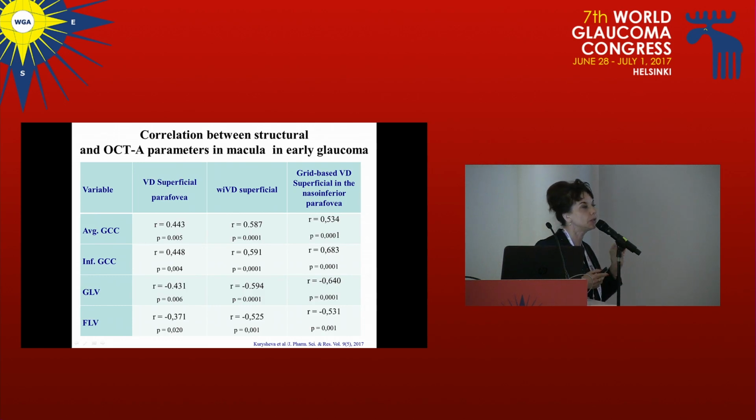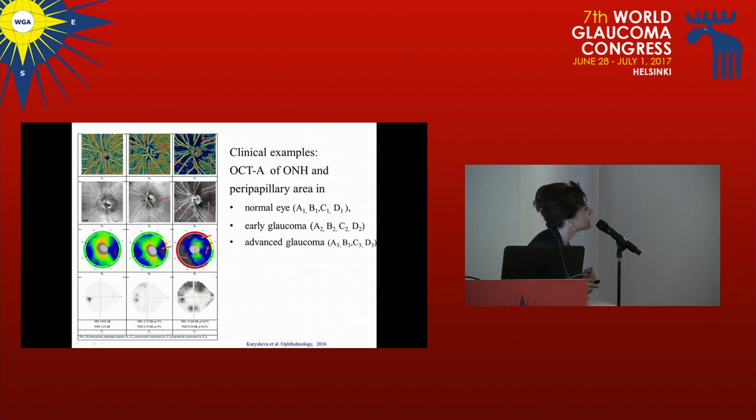Only in early glaucoma eyes did we reveal the correspondence between structural changes, especially GCC parameters in the inferior GCC, and the vessel density in the superficial macular area. In these clinical examples, you can see the correspondence between the dropout of vessel density in the peripapillary retina, functional loss, and structural loss, but it was especially visible in the advanced stages.